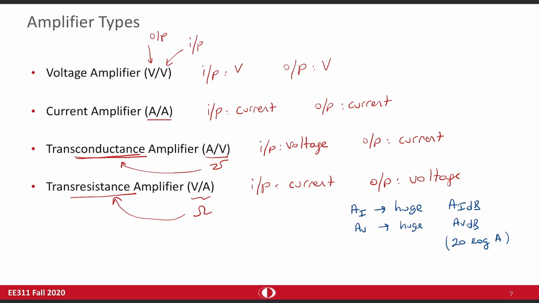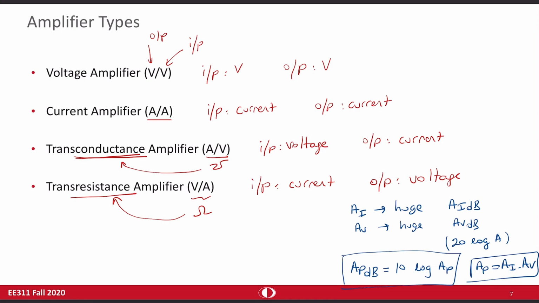Power gain is represented by 10 log. AP in dB is 10 log AP, where AP is AI times AV. So you can find the power gain by multiplying current gain with voltage gain. But in dB scale, since you are taking the square because of AI and AV, you just use 10 log AP by definition, okay? So these are two important things.